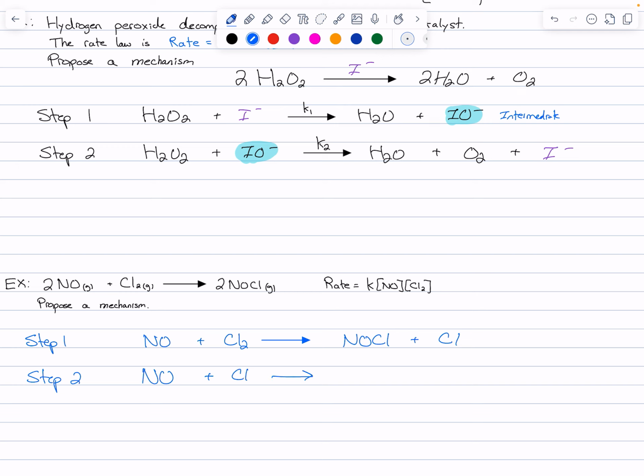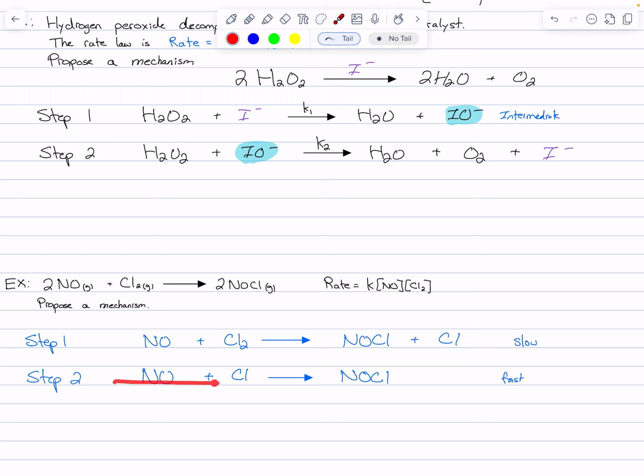And if we do that, we can get another NOCl. And so step 1 would be slow, and step 2 would be fast.